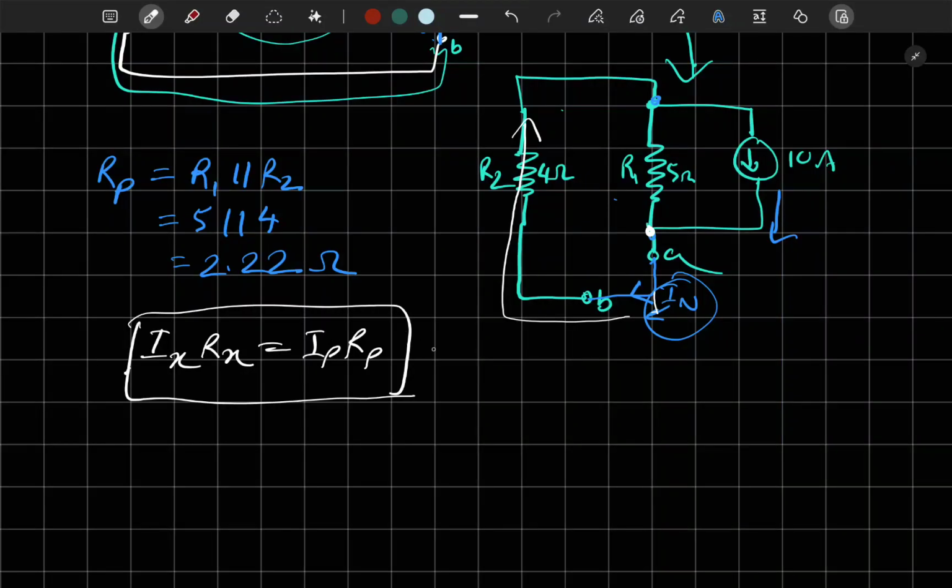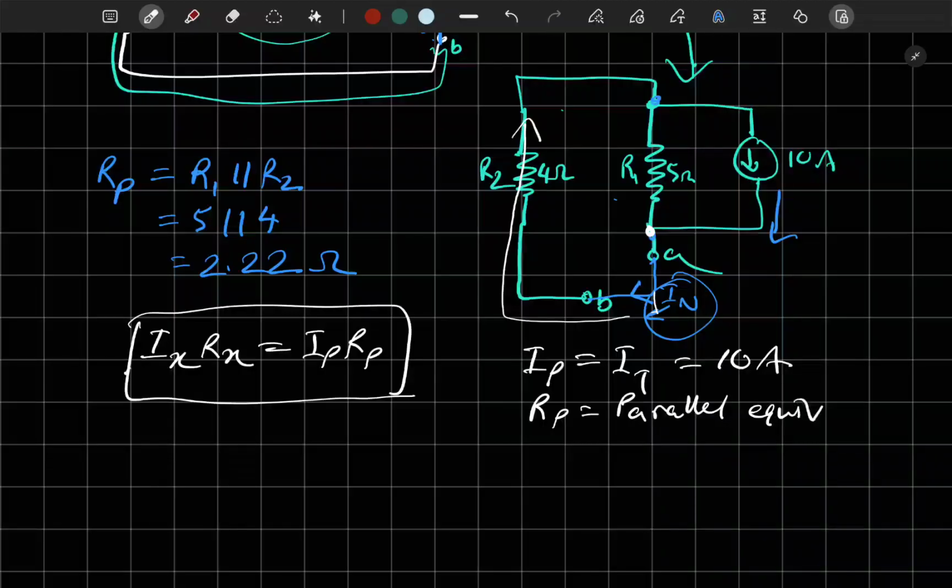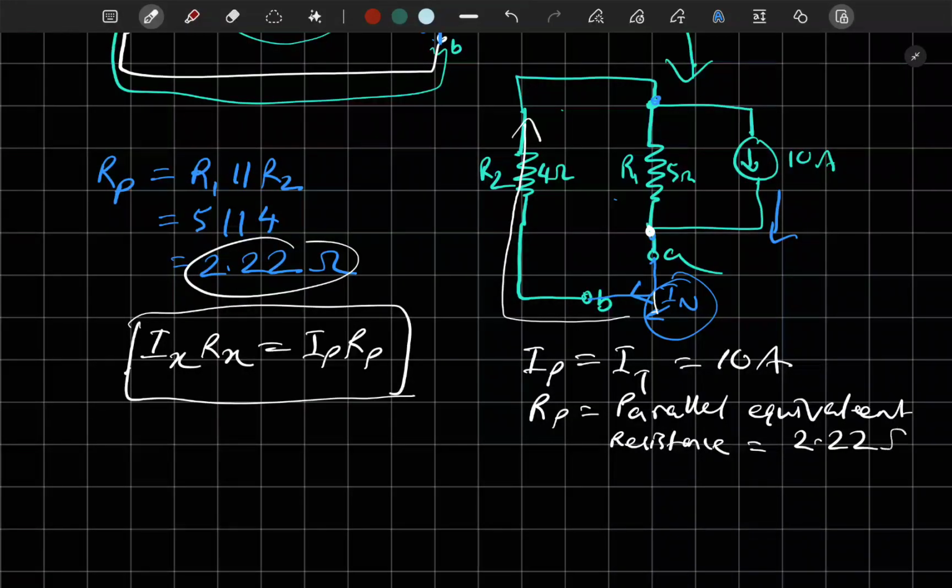Now IP here is the total current. It's always the total current. So you could write IT equal to 10 amperes. Then RP is the parallel equivalent resistance, which is 2.22 ohms here.